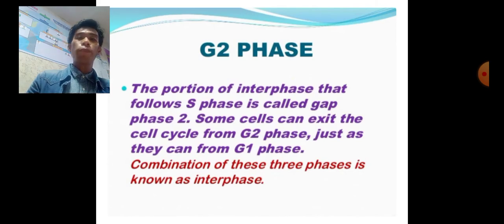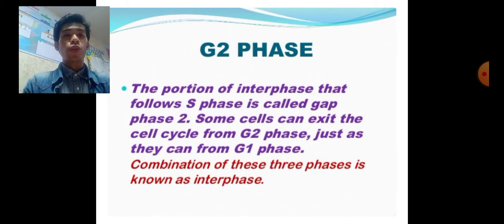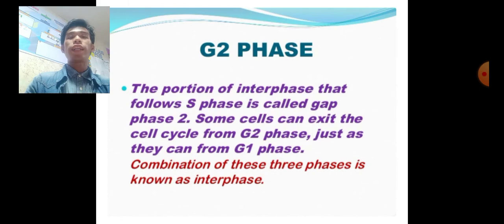So the portion of interphase that follows is called gap phase 2, or G2. Some cells can exit the cell cycle from the G2 phase just as they can from the G1 phase. The combination of these three phases is known as the interphase.